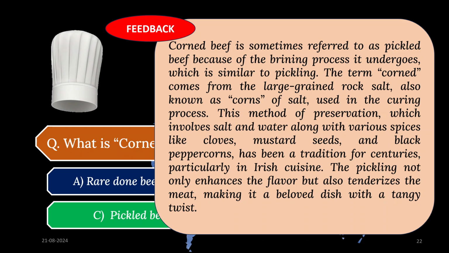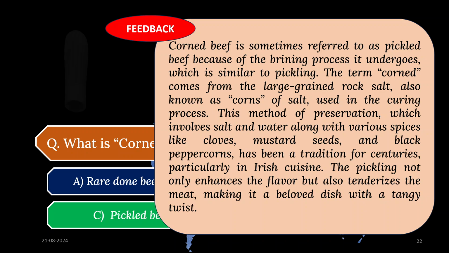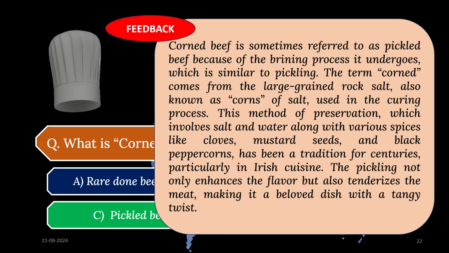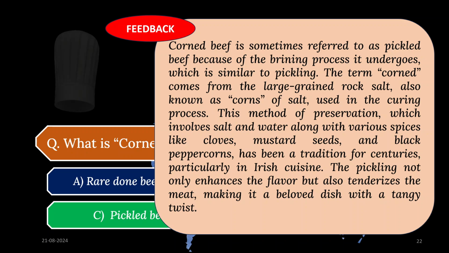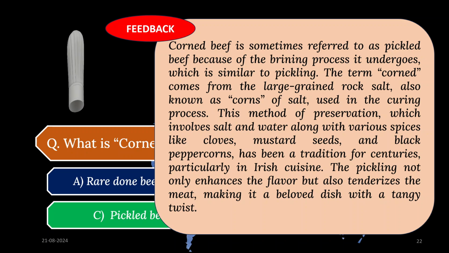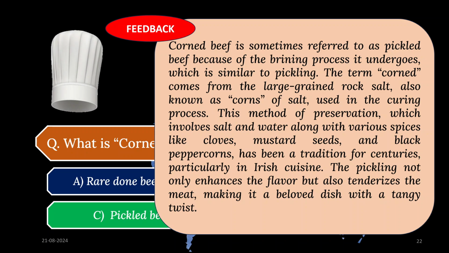This method of preservation, which involves salt and water along with various spices like cloves, mustard seeds, and black peppercorns, has been a tradition for centuries, particularly in Irish cuisine.